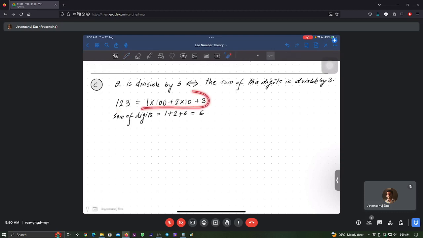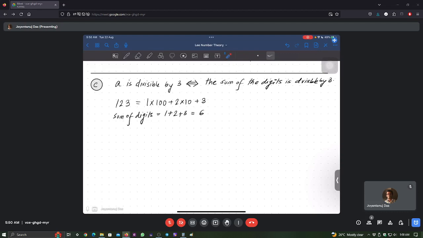If I write this expression, how can I conclude that if I check only the sum of digits, then it is sufficient that it is divisible by 3? Let me see. No, I have no idea.